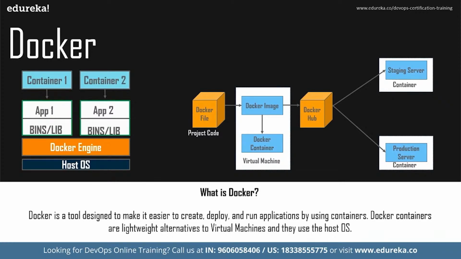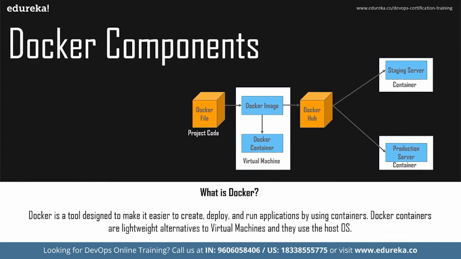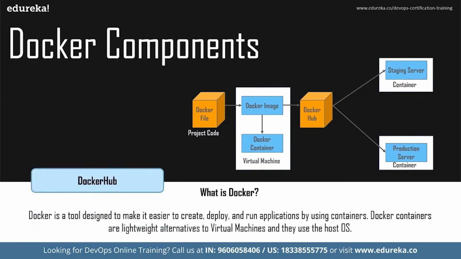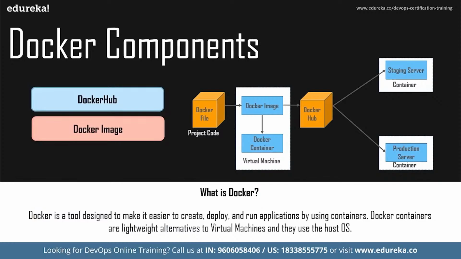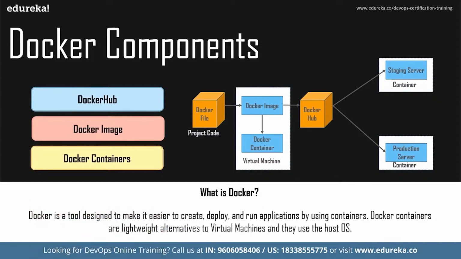First of all, this is the Docker registry, and it's nothing but the storage of all your Docker images, which can be stored in public repos or in private repos.